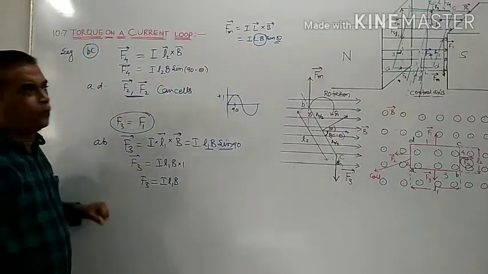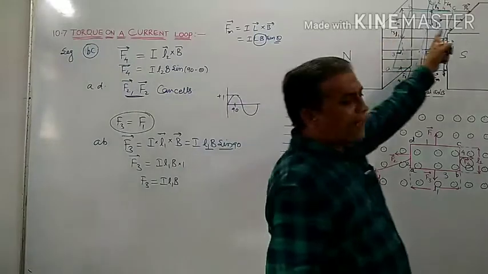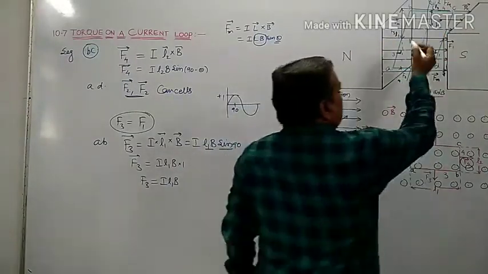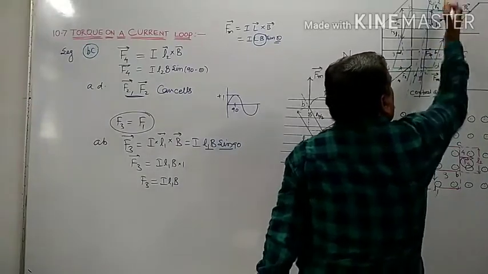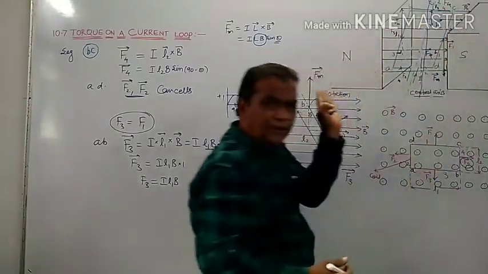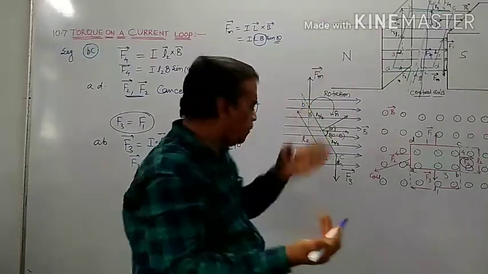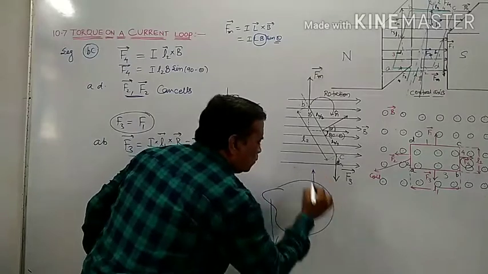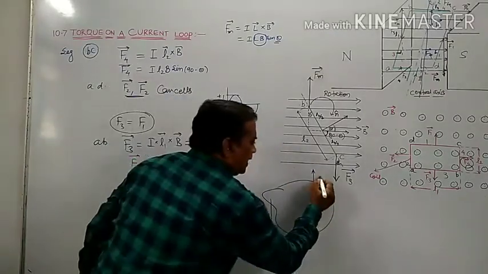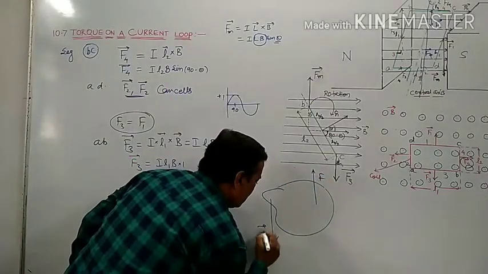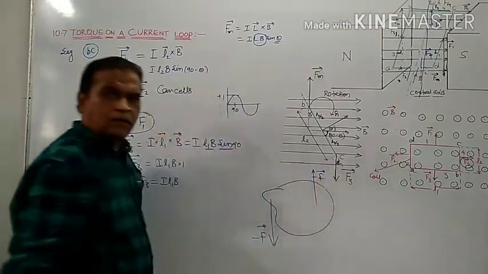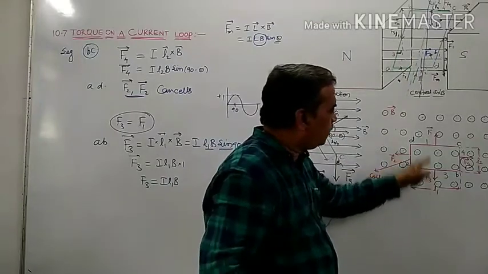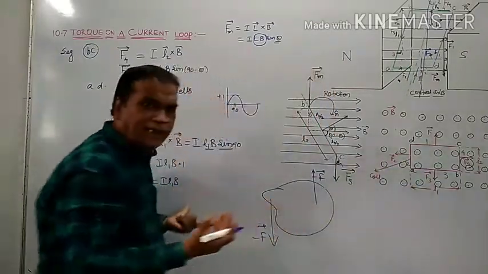Such a pair of forces which are equal in magnitude but opposite in direction, and not collinear, means their lines of action are different. Any object which is acted upon by two forces equal in magnitude but opposite in direction, such a pair of forces, F1 and F3, they are forming a couple.